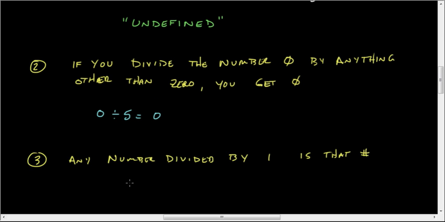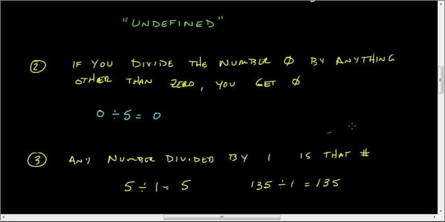If you have 5 divided by 1, that's 5. If you have 135 divided by 1, that's 135. It doesn't matter what number you divide by 1, it's still that number coming back.